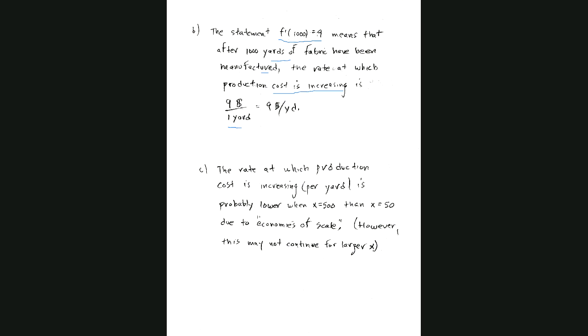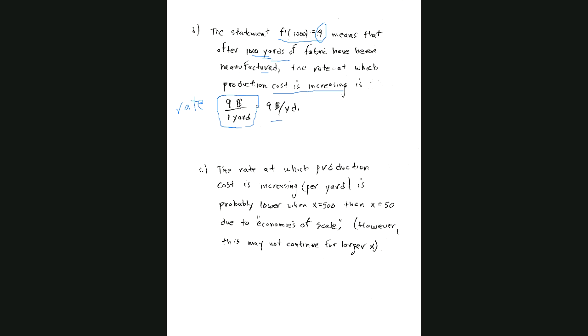So the 9 is the value of a derivative. That's a rate. The rate's not meters per second. It's dollars per yard. So at that instant, when the factory has produced 1,000 yards of fabric, the rate of cost is $9 per yard.